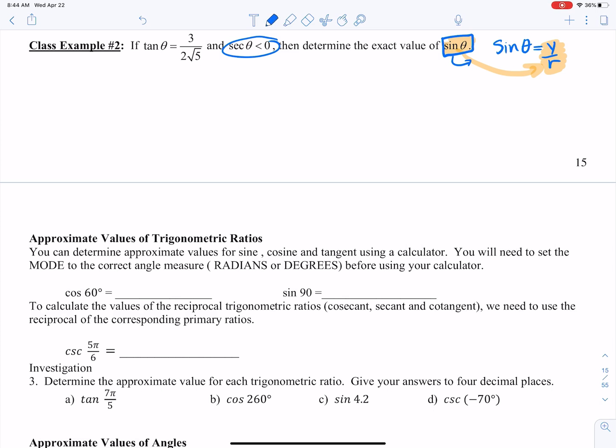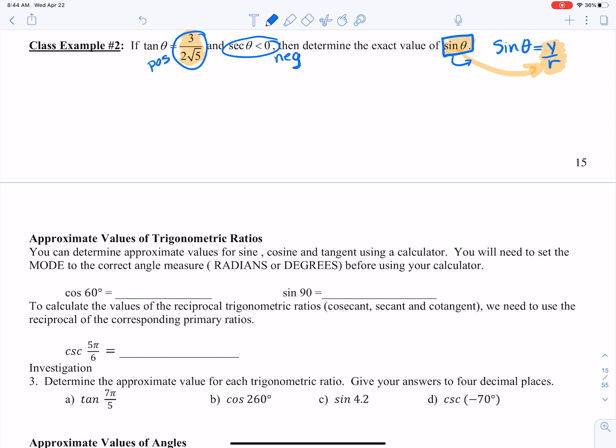All right, I've got to figure out where to draw this triangle, because when I'm looking for ratios, if I'm not using the unit circle, which I can't because this is not a point on the unit circle, then what I need to do is draw a triangle and get the ratio from there. So tan, this whole ratio here is positive, and secant is negative.